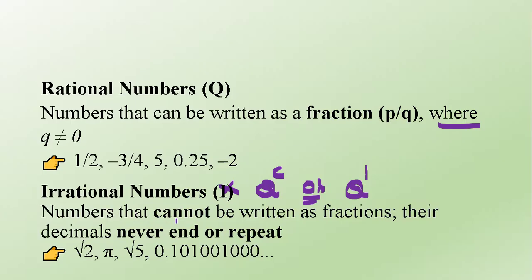Numbers that cannot be written as a fraction, or in the form of p by q, where q is not equal to 0, are called irrational numbers, or their decimals never end or repeat. For example, √2, √3, pi, √5, 0.10100100... and so on.